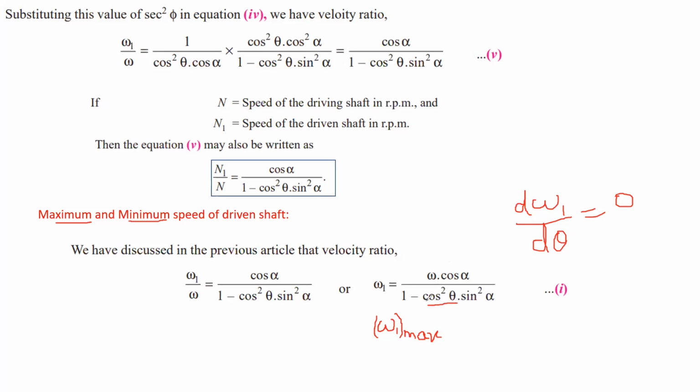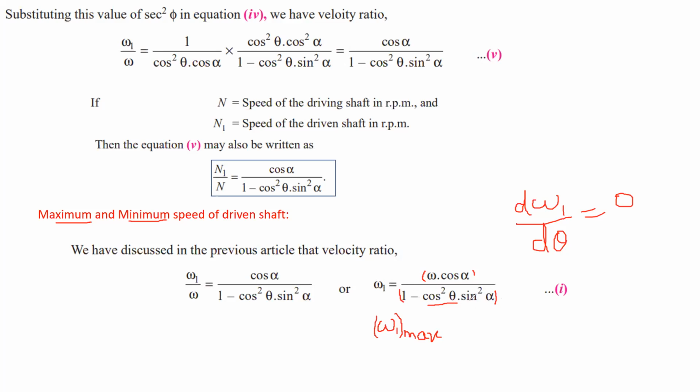So you can see that cos square theta is in the denominator, right? This omega into cos alpha is divided by something. If this factor which is in the denominator is minimum, then the value of omega 1 will be maximum.